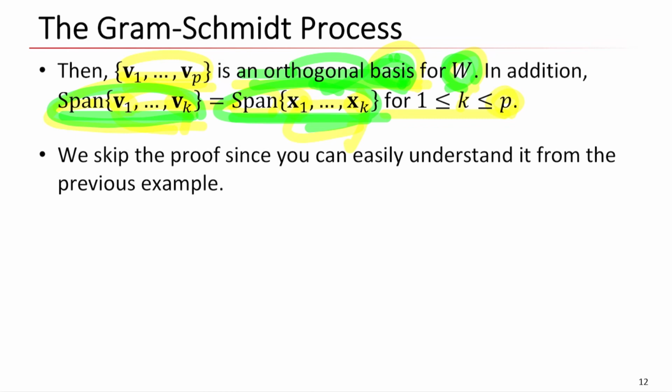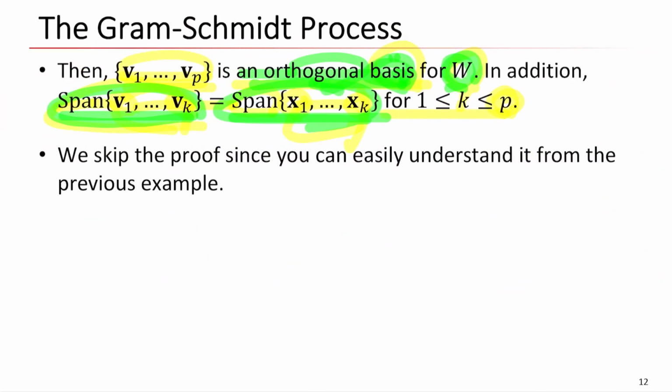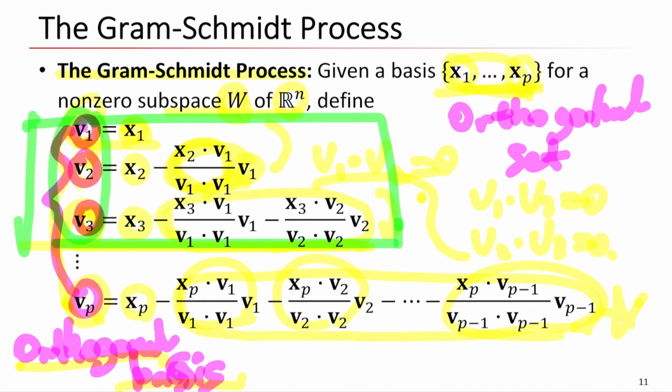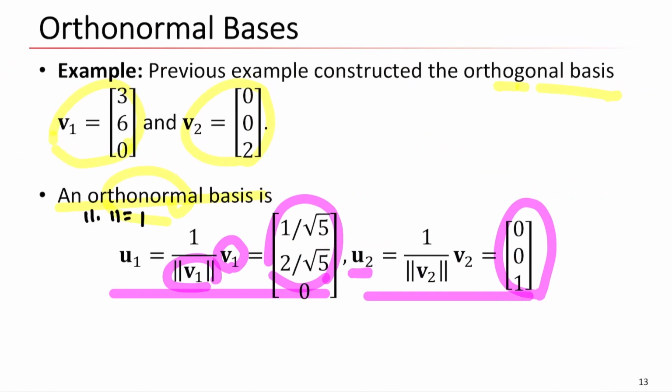So yeah, we can easily understand what it means. Actually there is a proof, but we will just skip this one because we can easily understand it from the previous example, right? So yeah, then what is the orthonormal basis? Actually, by using the Gram-Schmidt process here, we can generate the orthogonal set or the orthogonal basis, and we already know the orthonormal basis means each vector should have unit length, right?